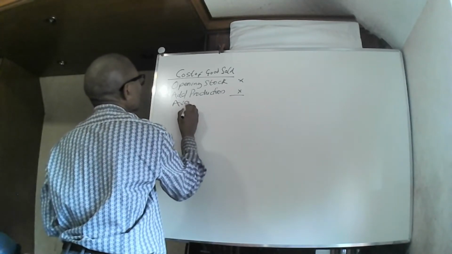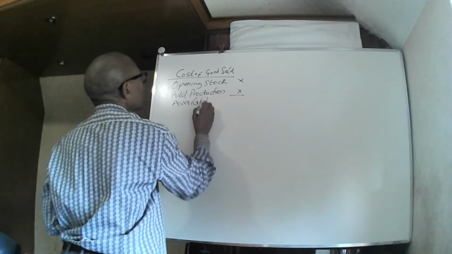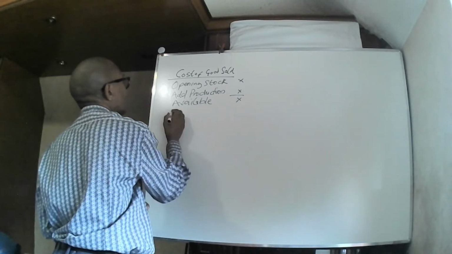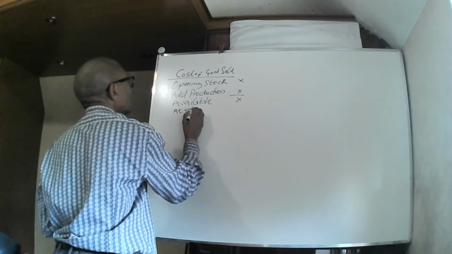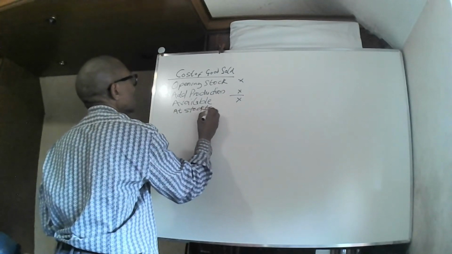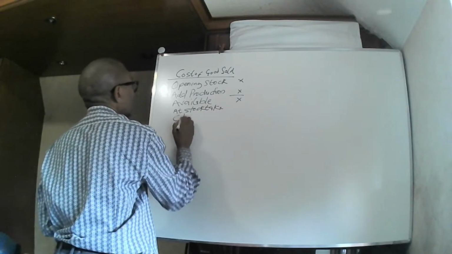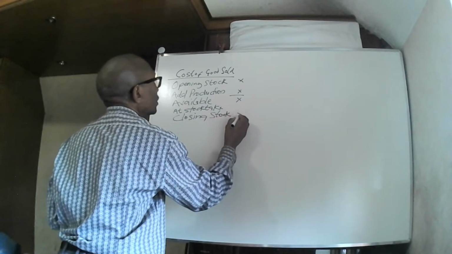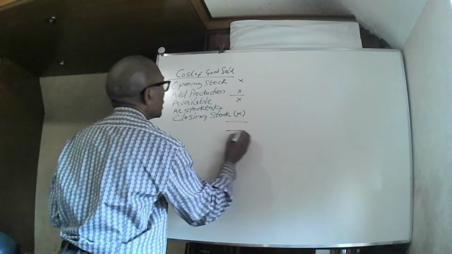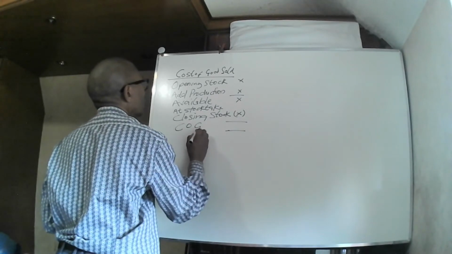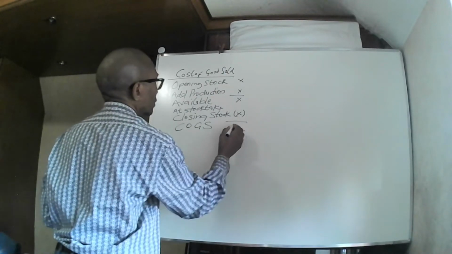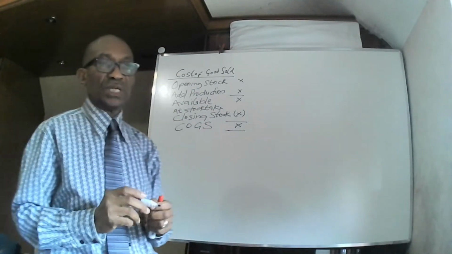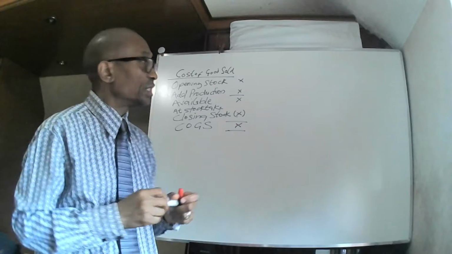I call it available. From this, I will knock off a stock take, closing stock. Knock that off from that. That will give me cost of goods sold. This is the format I will use in computing the budget.